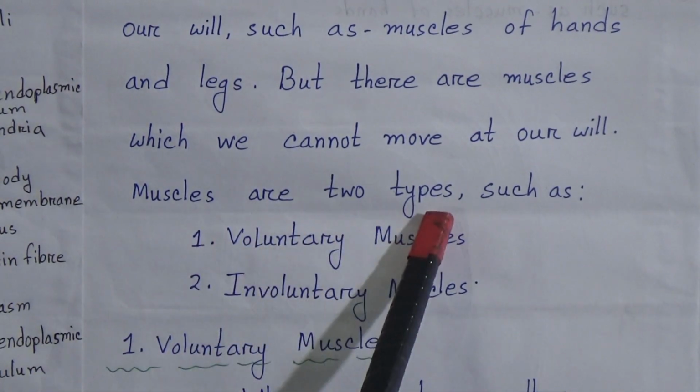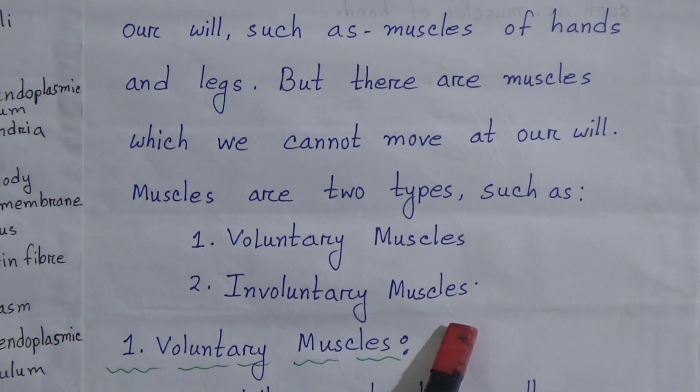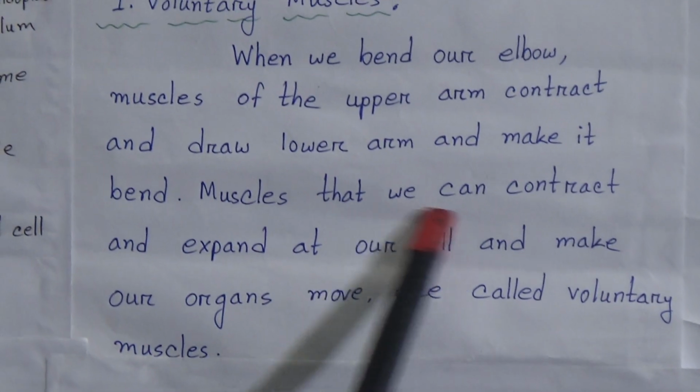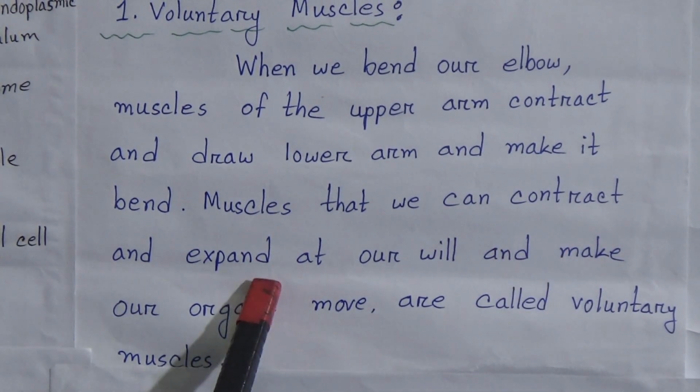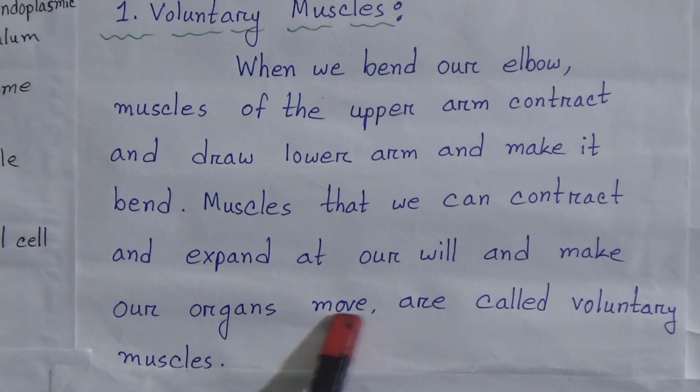Muscles are of 2 types, voluntary muscles and involuntary muscles. When we bend our elbow, muscles of the upper arm contract and draw the lower arm and make it bend. Muscles that we can contract and expand at our will and make our organs move are called voluntary muscles.